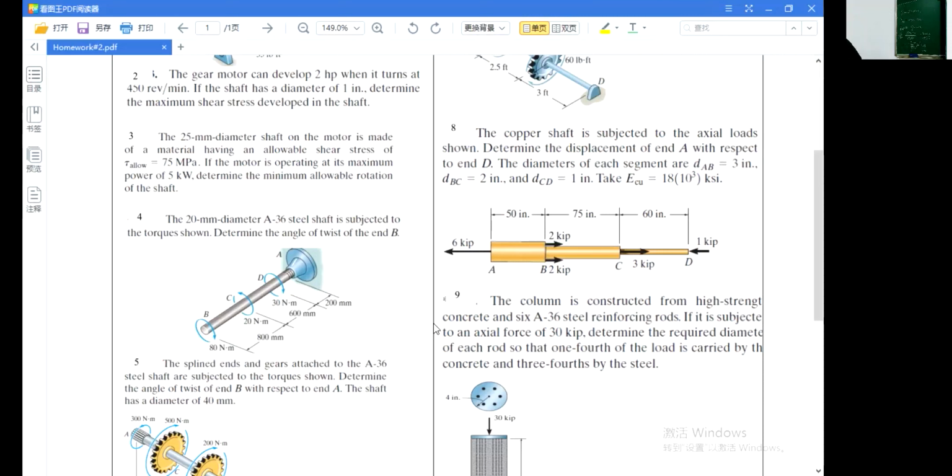You don't know. 20 millimeter, you don't know. G is 75 gigapascal.